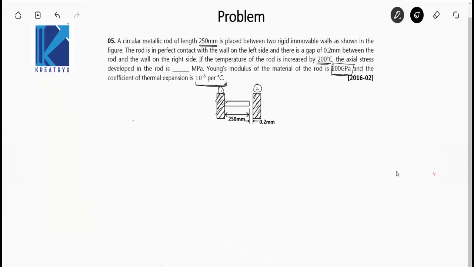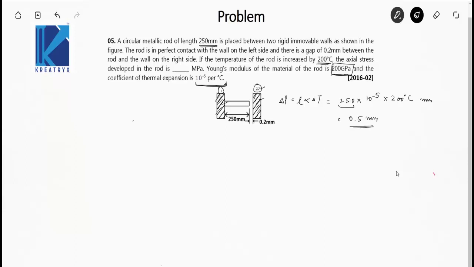The value would have been equal to L alpha delta T. This would have been the change in length if the second wall was not present, and this value is equal to L, 250 mm, into alpha, 10 raised to the power minus 5, and delta T. This is in mm, and its value I guess will be 0.5 mm.